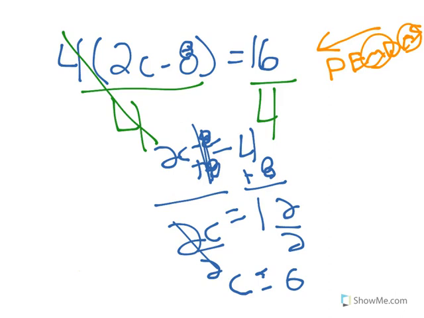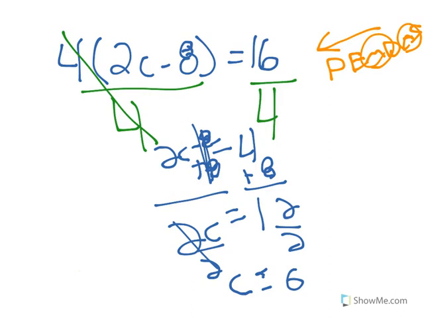So then we put 2c equals 12. Then divided by 2, divided by 2. Then we put c equals 6. Cool. All right, I like how you did that.